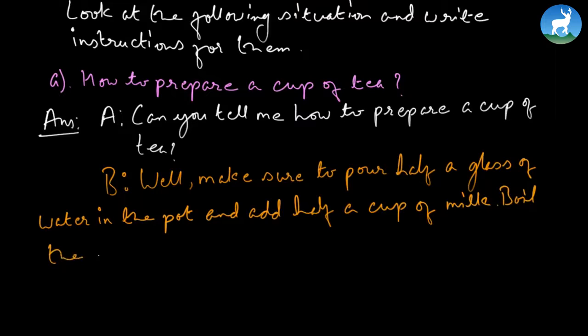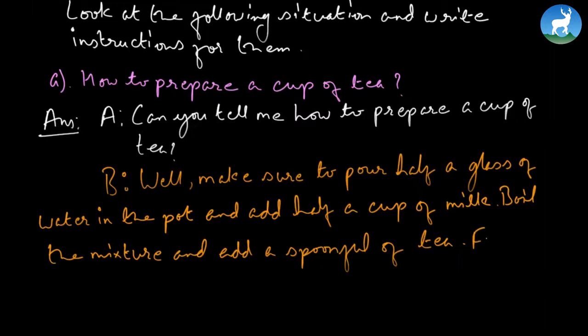Boil the mixture and add a spoonful of tea. Finally, add sugar as per your preference.